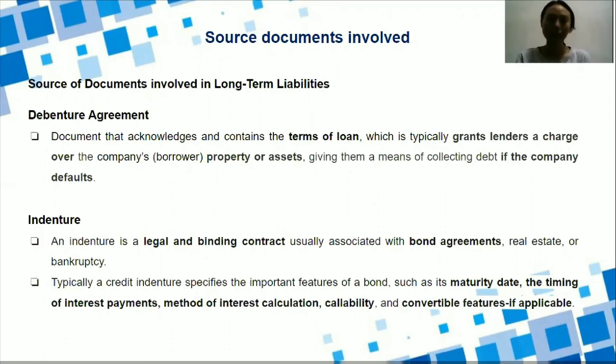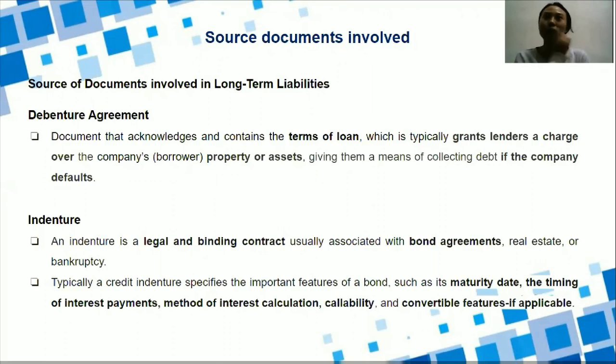The second document will be indenture. An indenture is a legal and binding contract, and it is usually associated with a bond agreement, real estate, or bankruptcy. But here we focus on bond agreement. Inside an indenture, it normally will have the maturity date, timing of interest payment, method of interest calculation, callability, and convertible features if applicable.